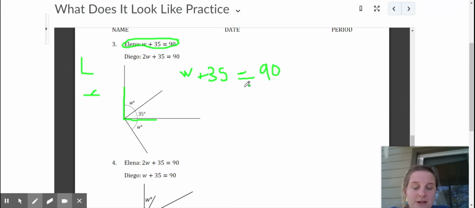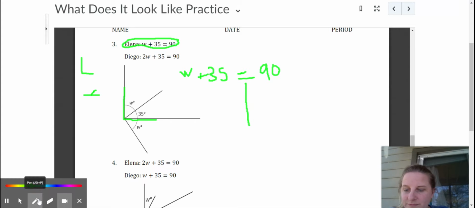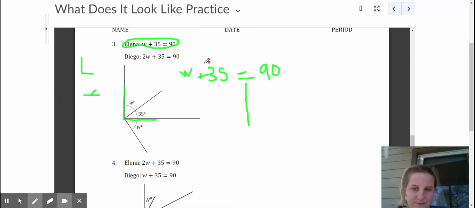So I'm going to do it just like solving an equation. I'm going to draw my line down the middle. I'm going to start with my W, and I see that 35 is being added to my W. So I'm going to use the inverse operation of addition, which is subtraction, and take away 35.